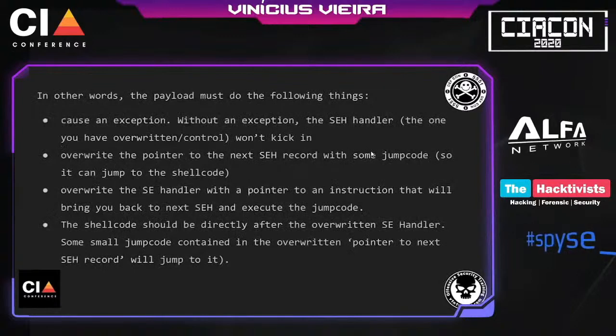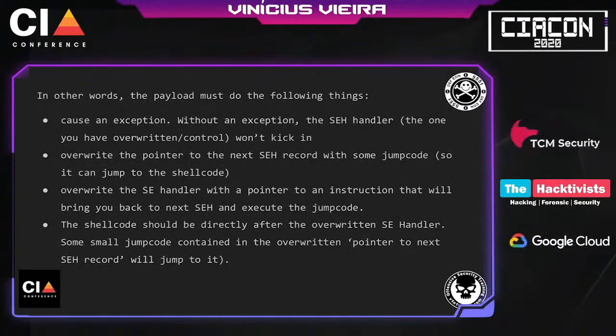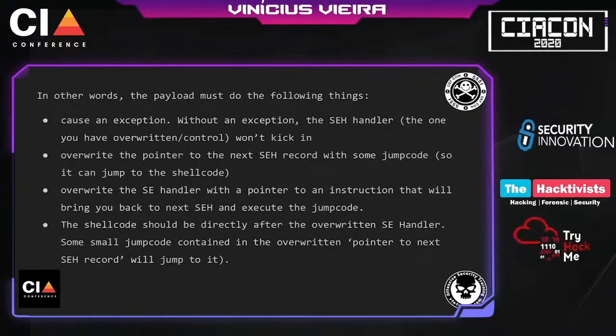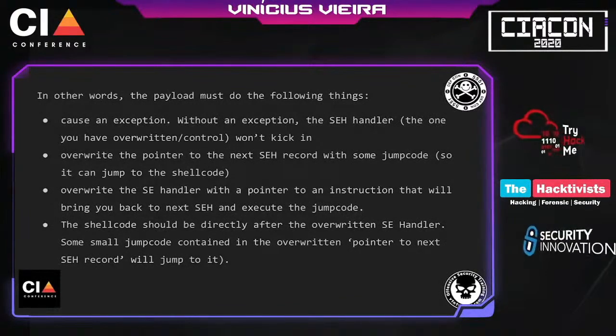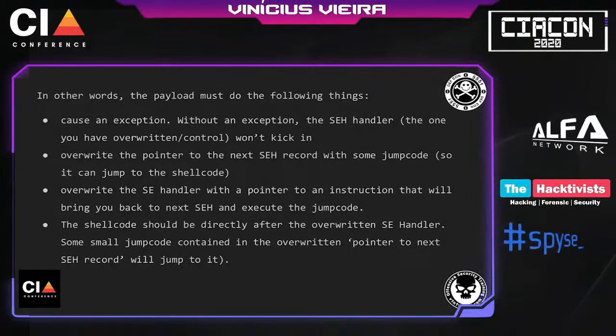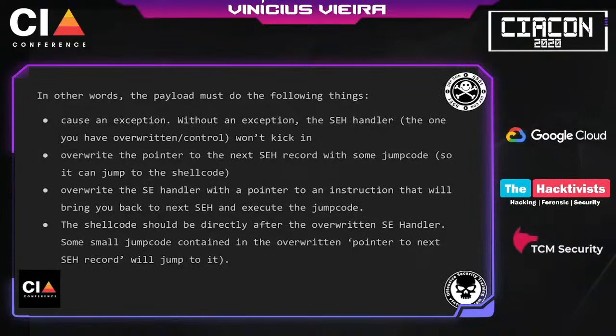In other words, the payload must do the following things: cause an exception, because without an exception, SEH won't kick in. Overwrite the pointer to the next SEH record with some jump code. Overwrite the SEH handler with a pointer to an instruction that will bring you back to next SEH and execute this jump code.